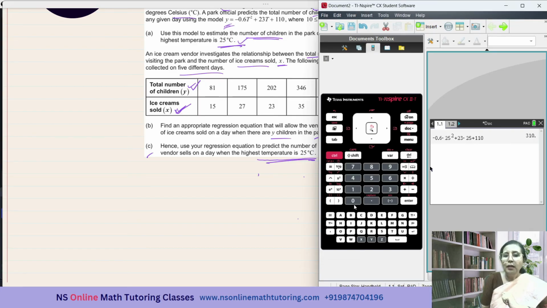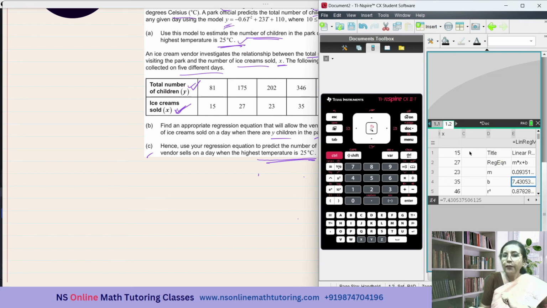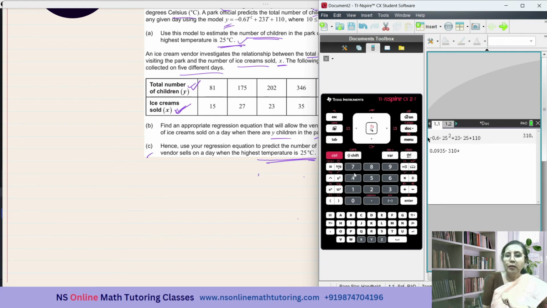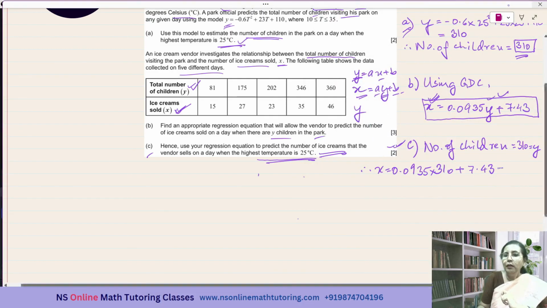It is 0.0935 times 310 plus 7.43. That equals 36.415. Equal to 36.415.